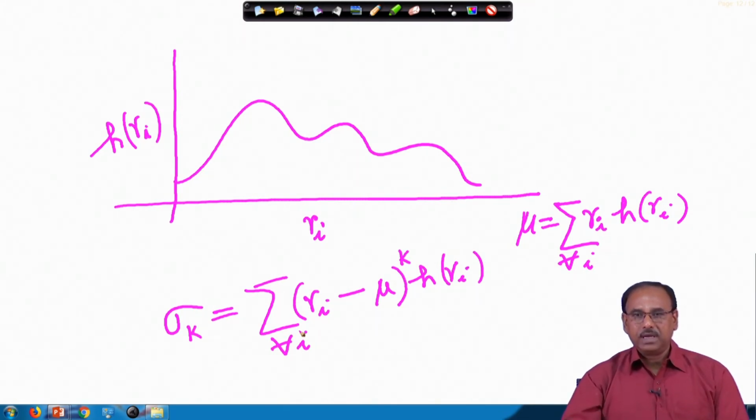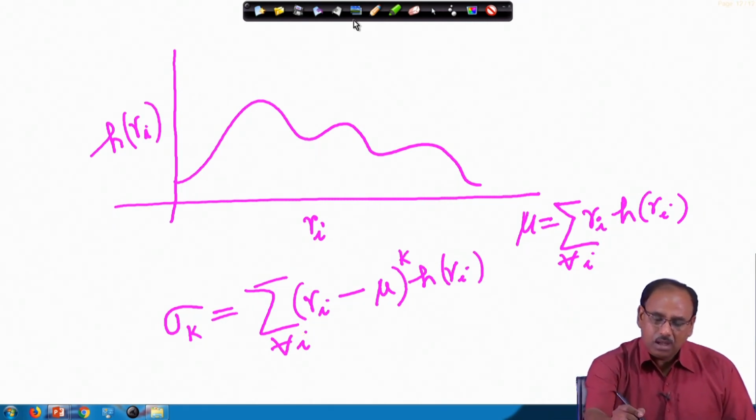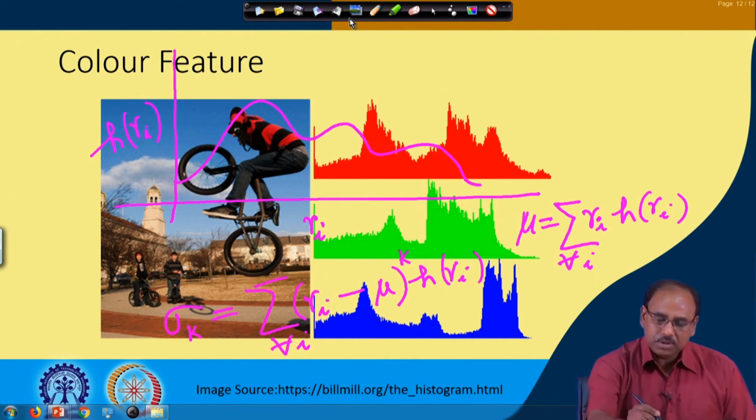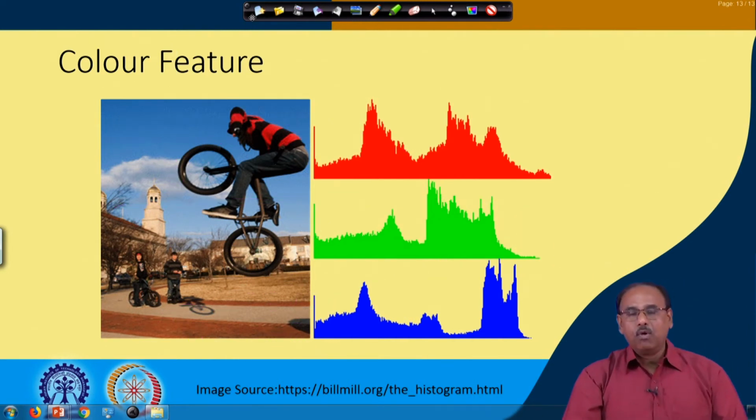And all of them tell you useful information about how the green component varies within the image, how the red component varies within the image, or how the blue component varies in the image. So, I can have different color information from that. So, these histograms or moments from the shape of the histogram tell you useful information about the intensity of the region, and about the color within the region.